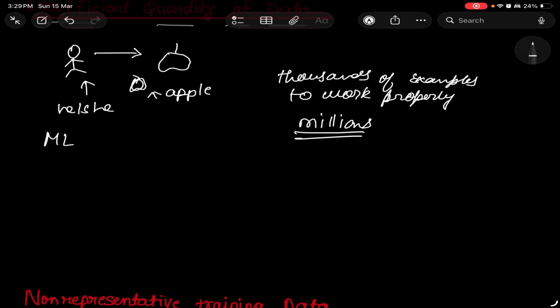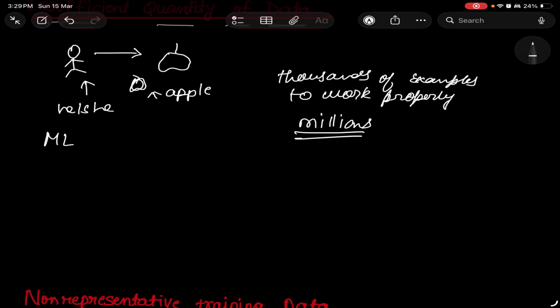So we're not there yet in machine learning where we just say it a few times and it will know about an apple or anything. So the first thing we know is that we need a sufficient quantity of data for having a pattern for a specific problem.